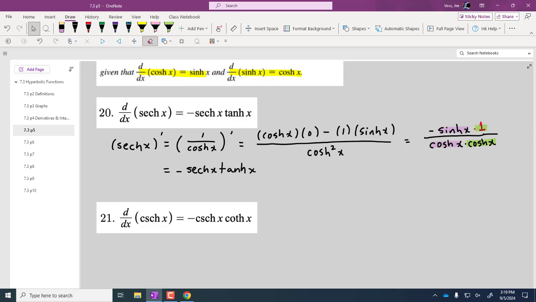Is it 1 over which one? 1 over sinh. It is. It is true that these two things are related also, but we want to relate that in terms of sinh or cosh. So just like cosecant is 1 over sine, csch is 1 over sinh.